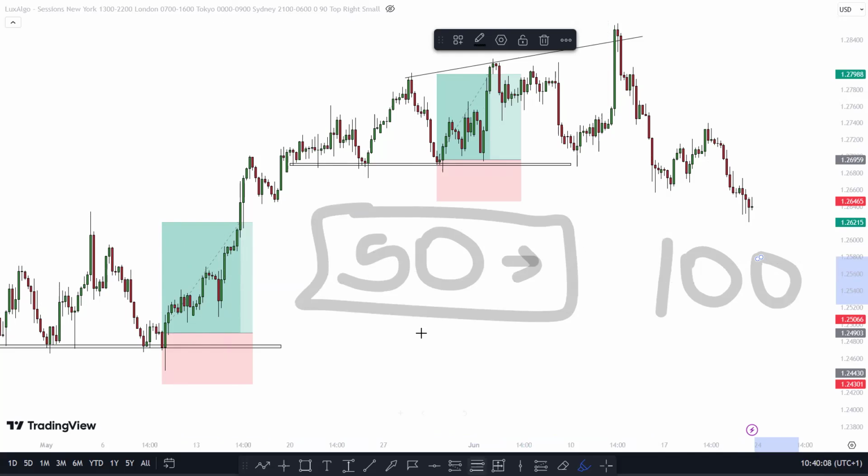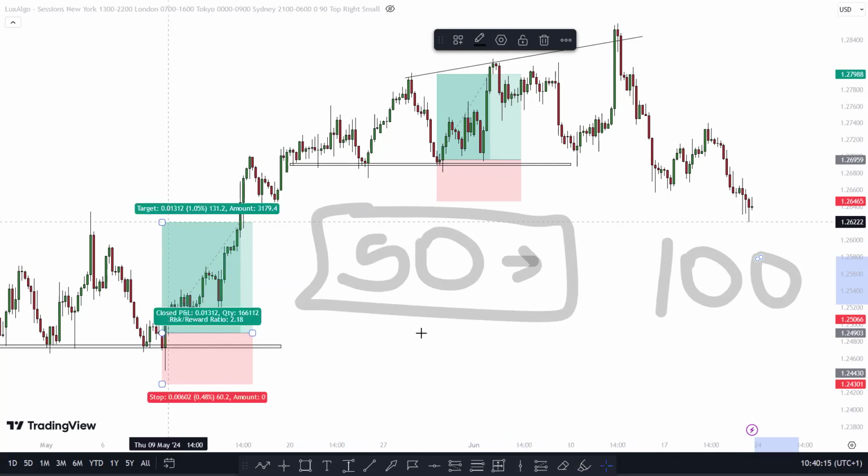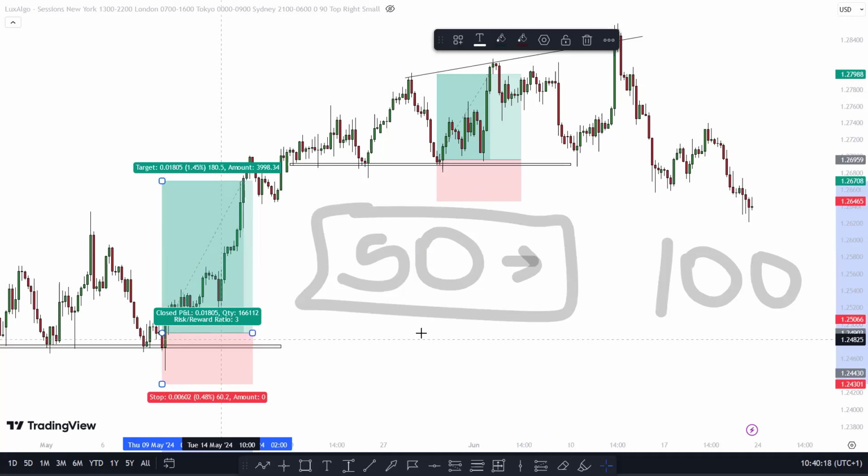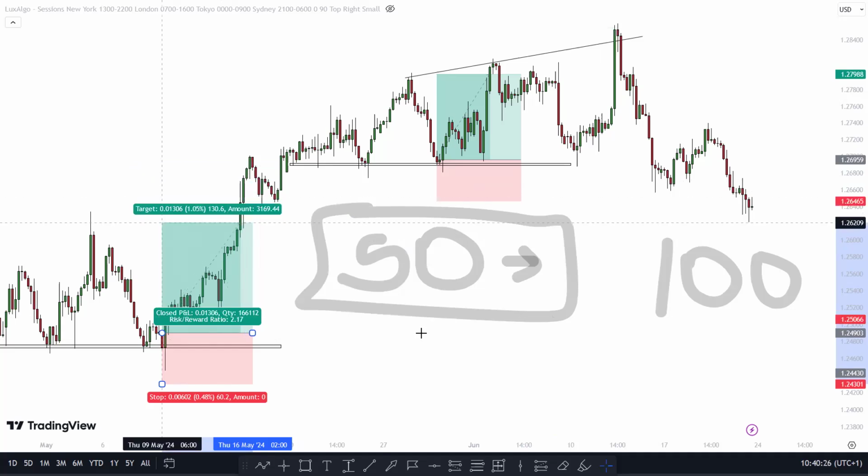If our risk reward ratio is 1 to 3, that means we are risking $50 for $150. But the truth is, not everybody has the patience to wait that long. And there are also disadvantages to that.